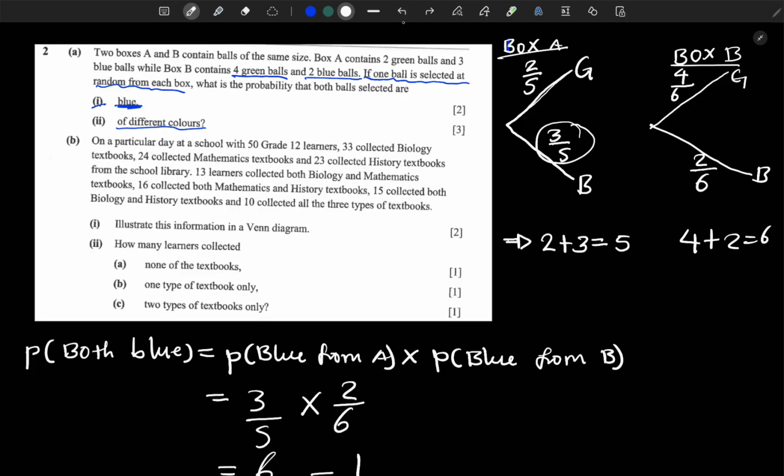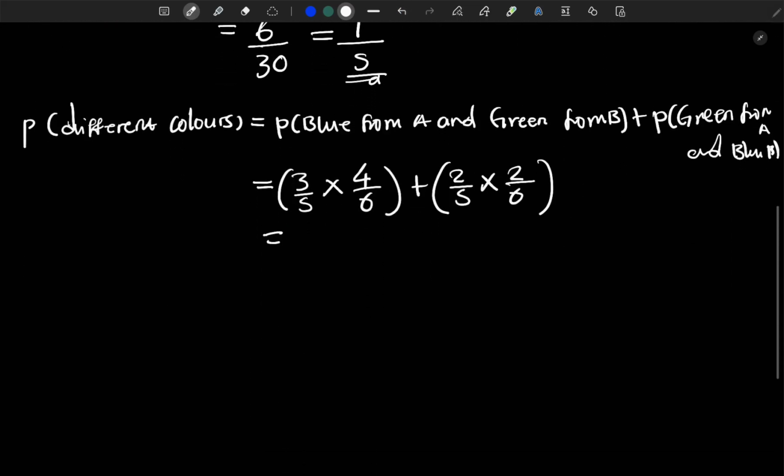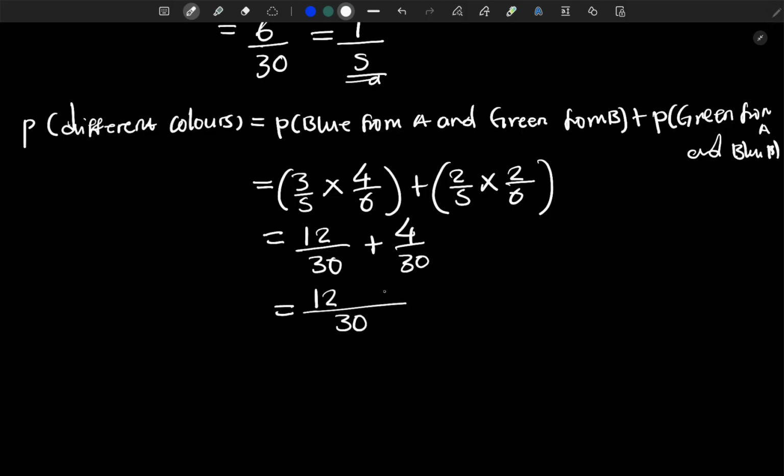If you have a question like this one, we can just do some math. So we have 3 times 4, which is 12 over 30, plus 2 times 2, which is 4 over 30. The lowest common denominator is 30. So this will just be 12 plus 4.